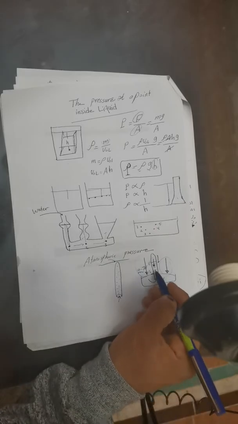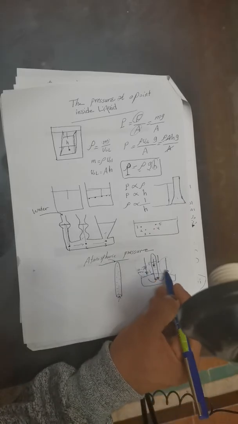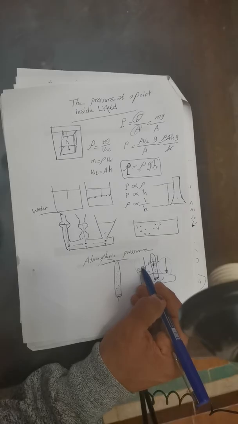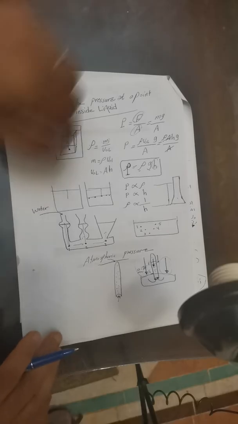So he said that the atmospheric pressure is equivalent to the pressure of the weight of 76 centimeter mercury. So the atmospheric pressure equals the pressure which is caused by the weight of the mercury, or 76 centimeter mercury. Okay.